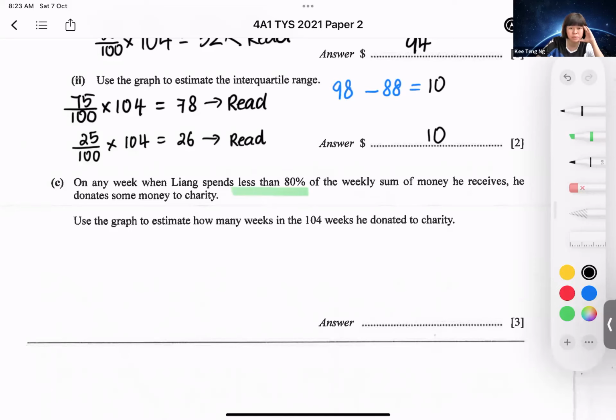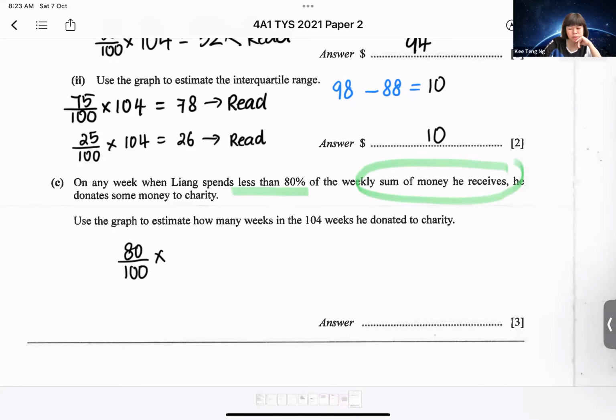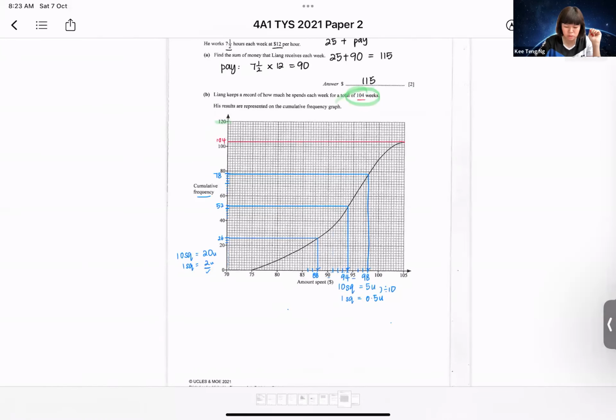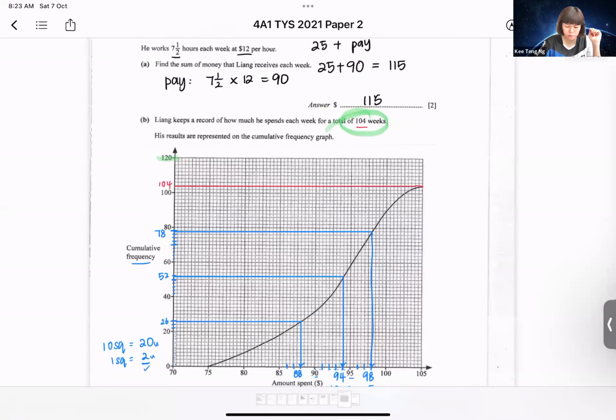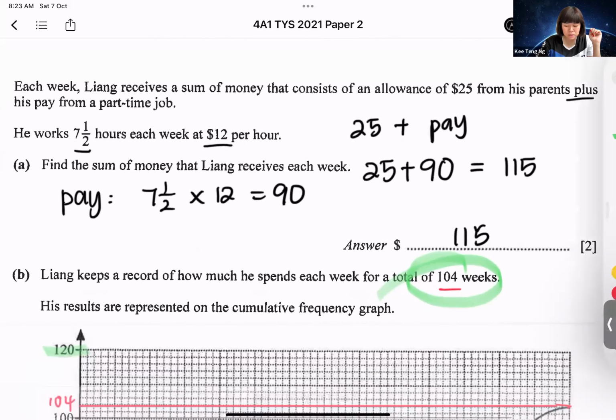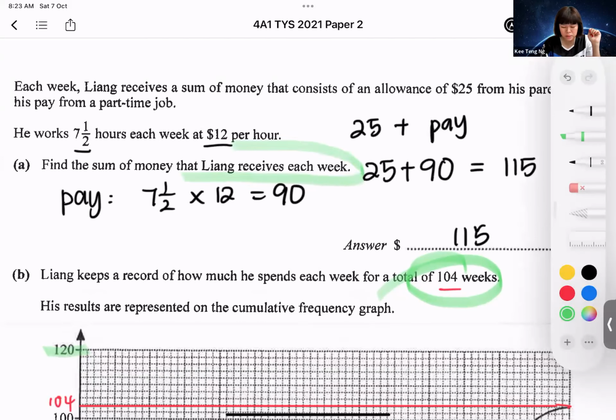80%, they give you 80%. Okay. Multiply to the weekly sum of money he received. What is this sum of money that he received? Oh, remember we got the first part of the question in the beginning, right? Find the sum of money that Liang receives each week.